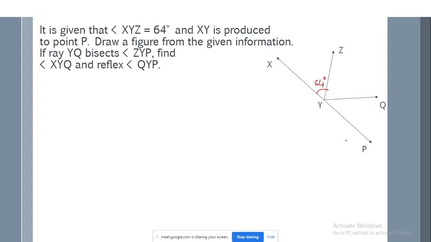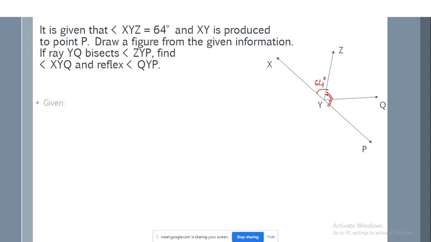So angle ZYP is divided into two equal halves by the ray YQ. So we can mark this angle and this angle as equal. Did you get the figure like this, Supraja?